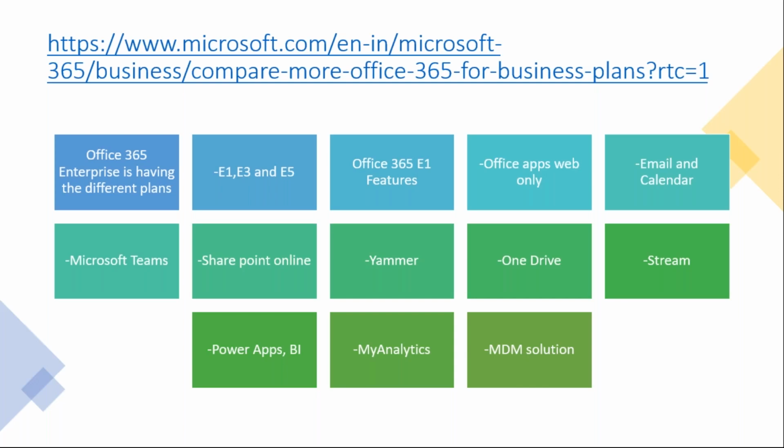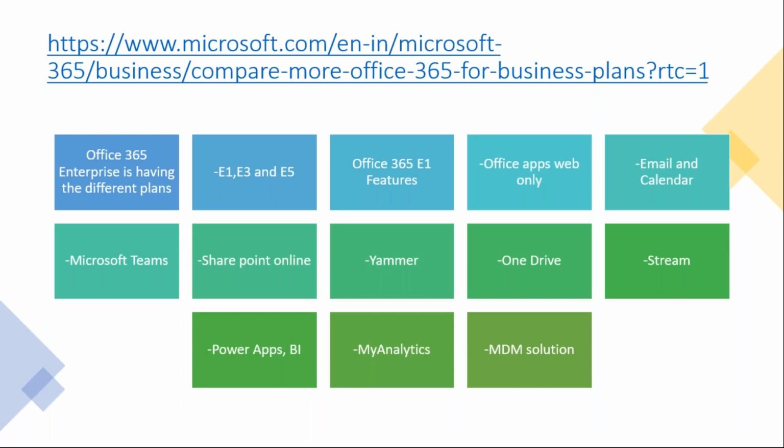Another difference is the mailbox capacity, which differs between E1, E3 and E5. Which users will use the E1 plan? If in your company there are only support staff, like help desk or other support staff, for them we will use the E1 plan. In most organizations we need to do license segregation, because if it is not done, the financial budget will increase.